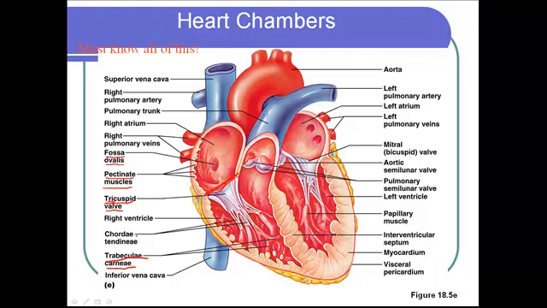So these tendons here, these are called chordae tendineae. You will definitely be tested on that. Chordae tendineae, that's these tendons, and these muscles are papillary muscles right here. They're the same on each side.